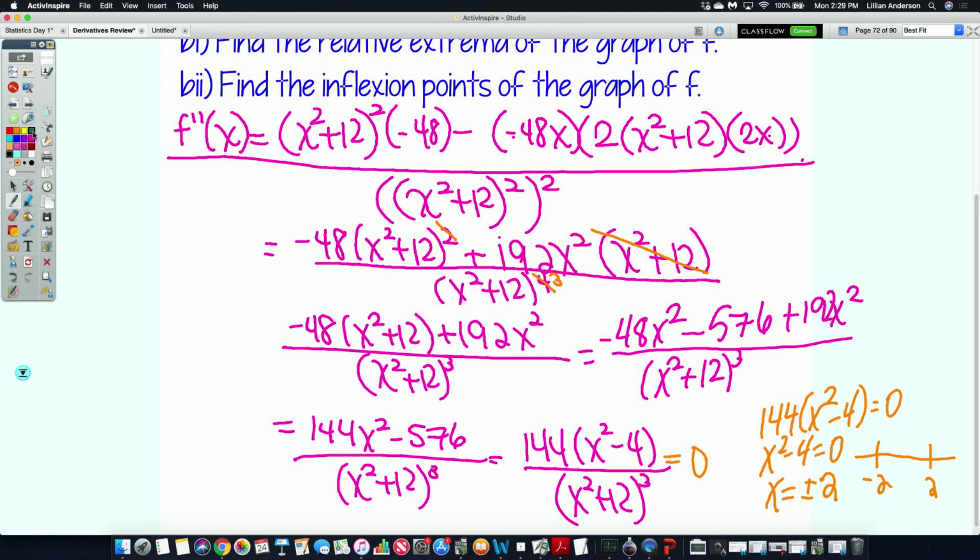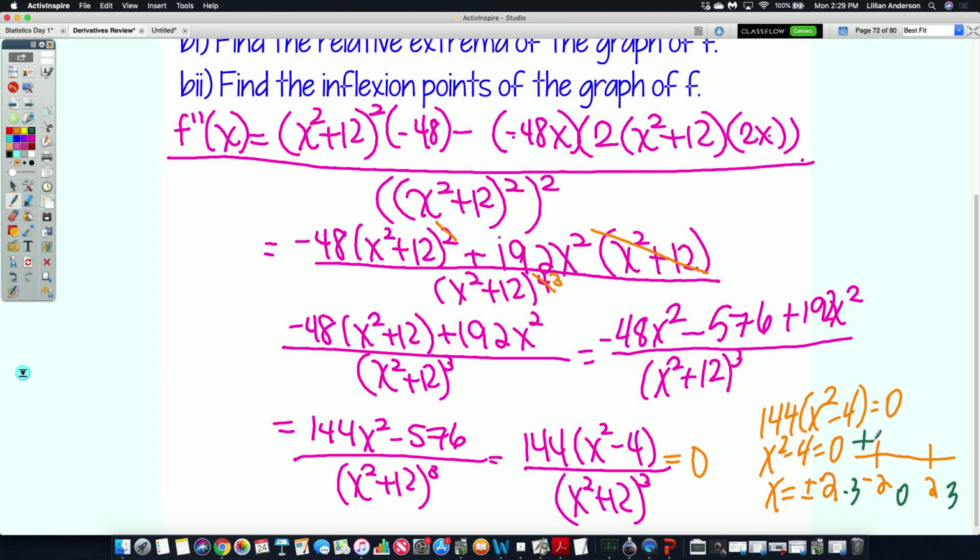Where do I plug these test points into? The second derivative, because remember, the second derivative was going to tell me inflection points and concavity. All right? So I'm going to use these as my test points. My second derivative is right here. When I plug in -3 and I square it, that gives me a positive number. But at the bottom, when I square it and raise to the third power, it's still positive. When I plug in 0.